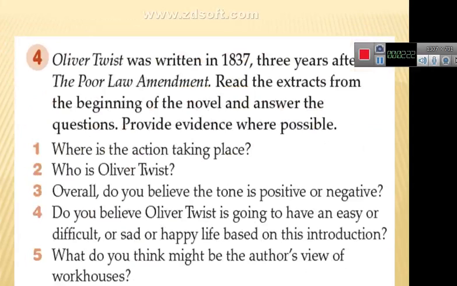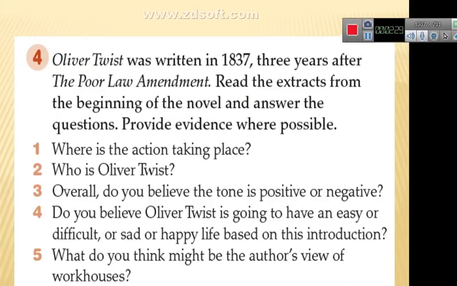Question number 4. Oliver Twist was written in 1837, 3 years after the Poor Law Amendment. Read the extracts from the beginning of the novel and answer the questions.